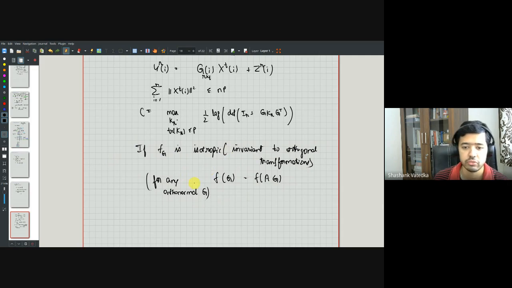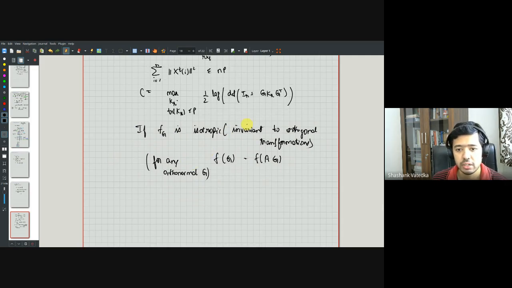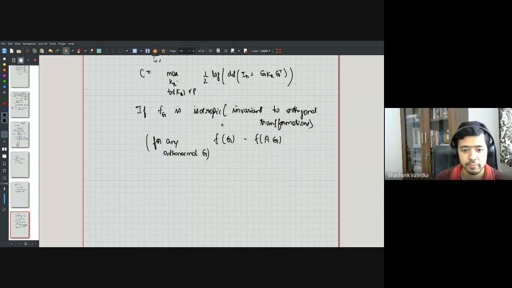So if G is isotropic, then it turns out that you don't have to maximize over all possible covariance matrices, because this problem is maximized by diagonal matrices.